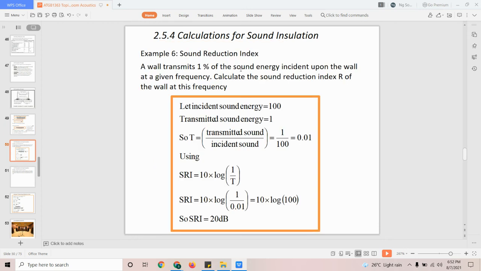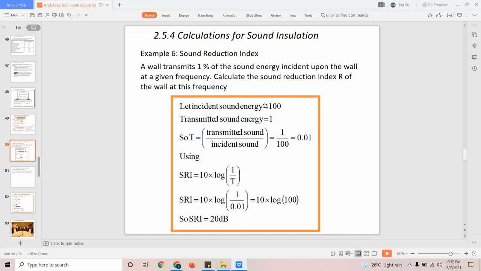Okay, an example of how the first formula can be applied. Example 6, which is an SRI: a wall transmits 1% of the sound energy incident upon the wall at a given frequency. You are to calculate the sound reduction index R of the wall at this frequency.